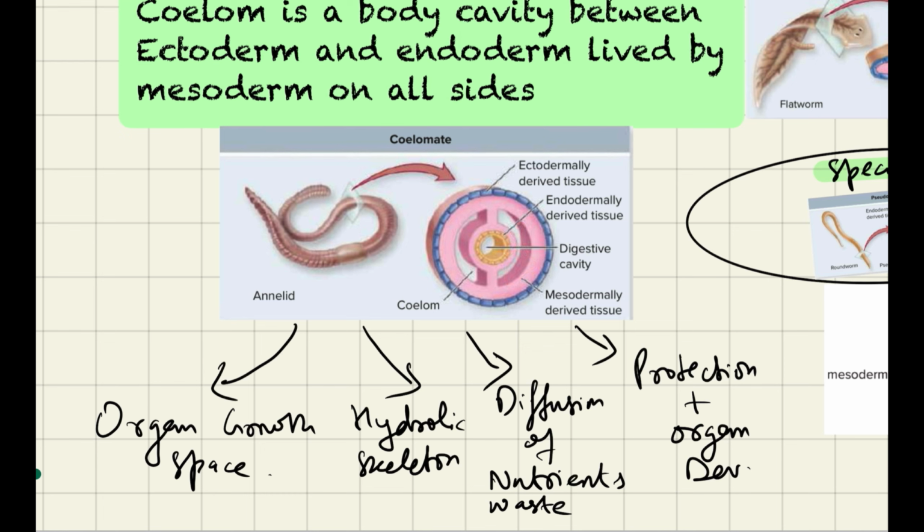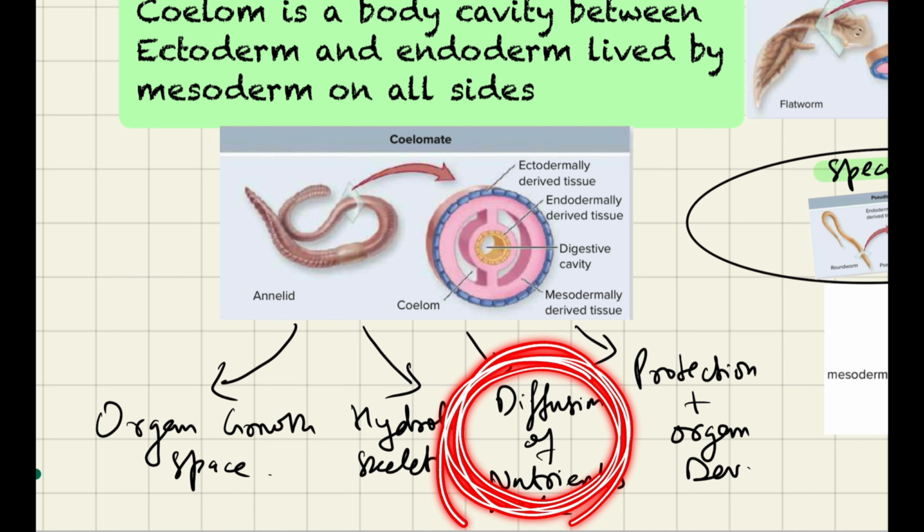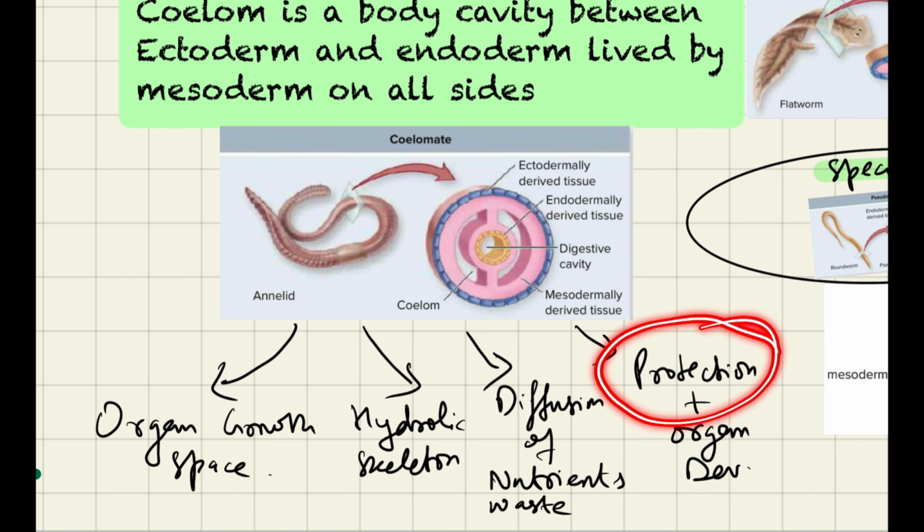In lower organisms this is not known as peritoneum, it is known as mesothelium, and it is also a fluid filled cavity. In lower invertebrates like annelids, it also provides a hydraulic skeleton for movement, and for diffusion of nutrients and waste materials. It also protects various organs, as it provides a cushioning effect.